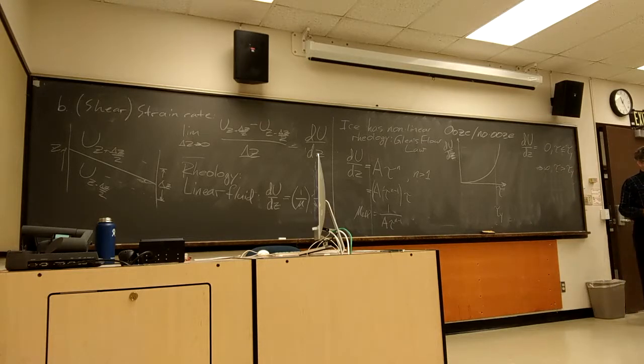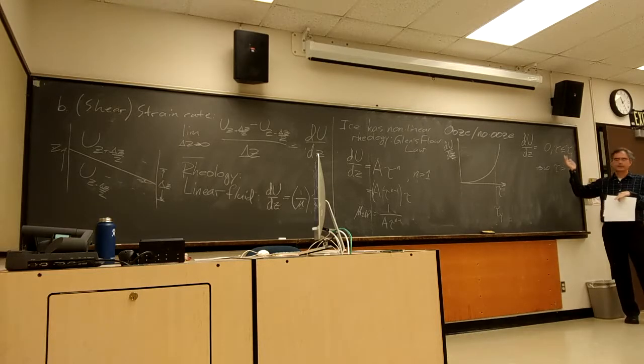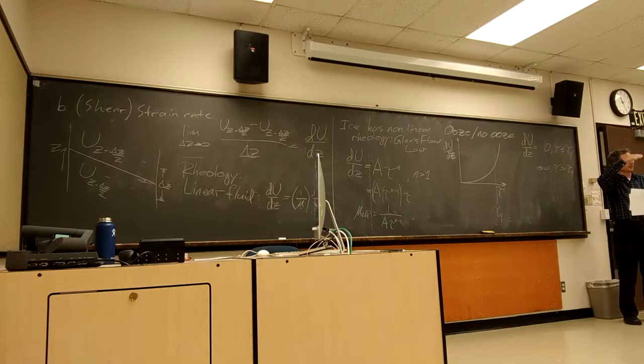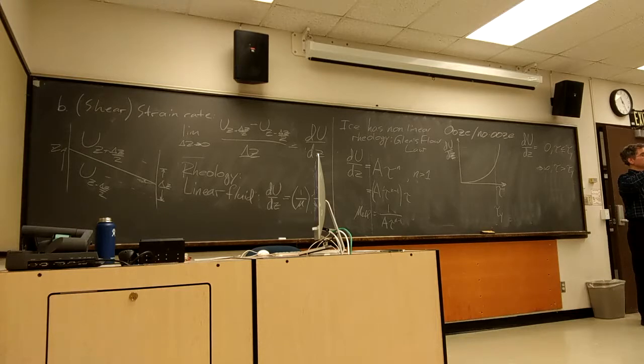But let's think about this. If I've got ice and I'm piling more and more snow on it, what this is essentially saying is that it doesn't move much till I reach a certain thickness on some slope. But as I pass through a certain range of thickness, it's going to start moving or deforming relatively quickly. Now, once it starts deforming quickly, it thins out again, and then slows way down again.